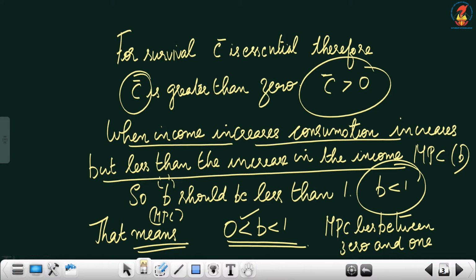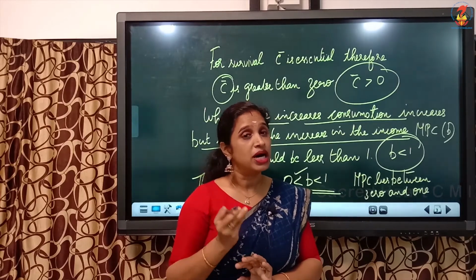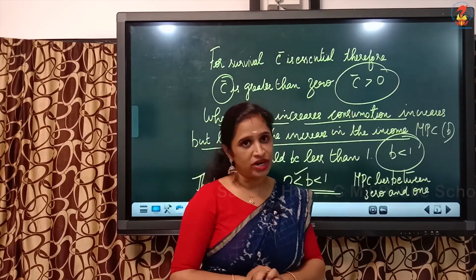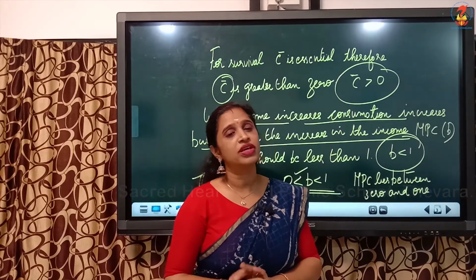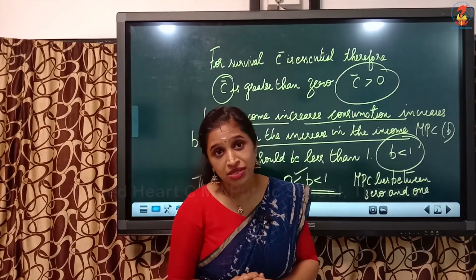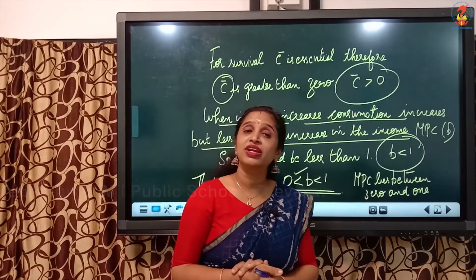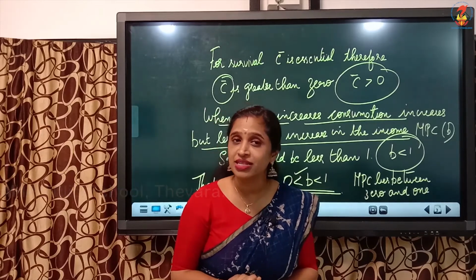Therefore, we have learned two aspects here. One is that C bar will always be greater than 0. There is no economy without consumption even at 0 level of income. And marginal propensity to consume will always be less than 1. It cannot be more than 1. If it is more than 1, there will not be any savings in the economy, because after a particular level, people will try to save a part of their increased income.